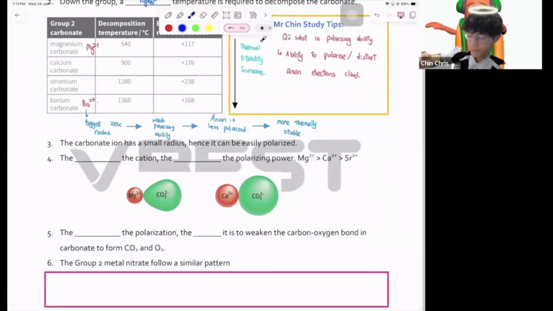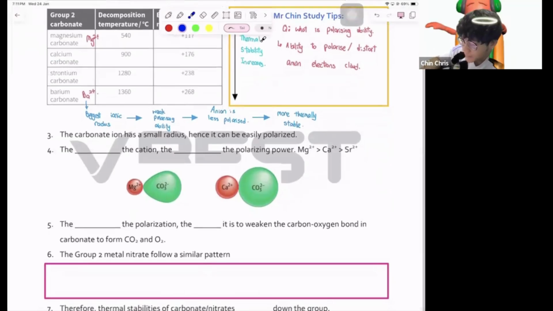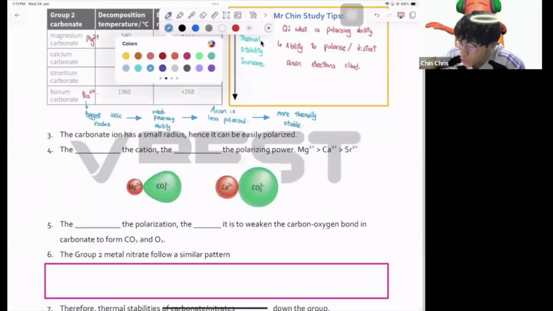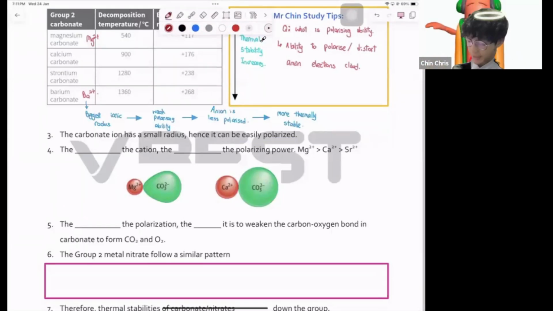Alright guys, the smaller the cation, the more easily the carbonate ion can be polarized. So the conclusion is: the smaller the cation, the stronger the polarizing ability. Highlight this part: the smaller the cation, the stronger the polarizing power.